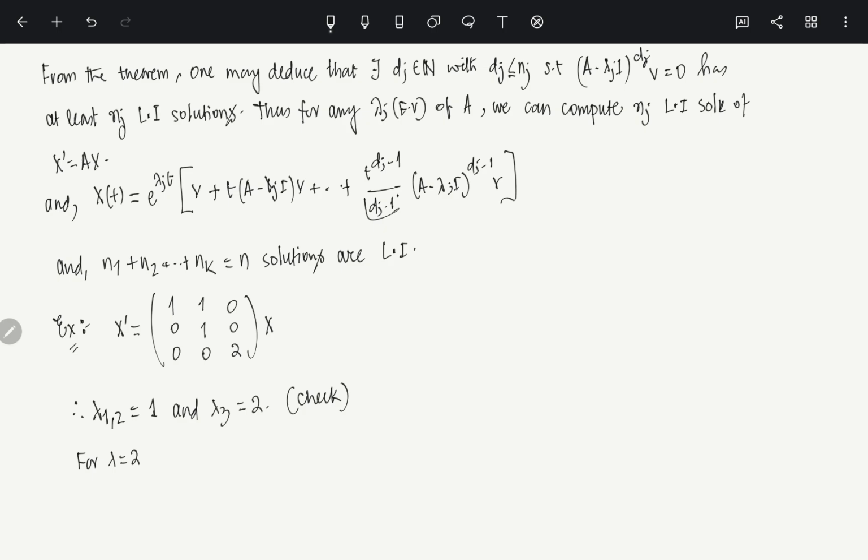What do I need to do? I just need to check A minus 2I times v.